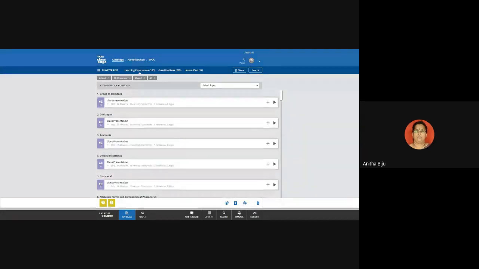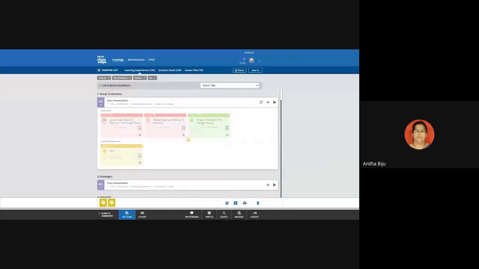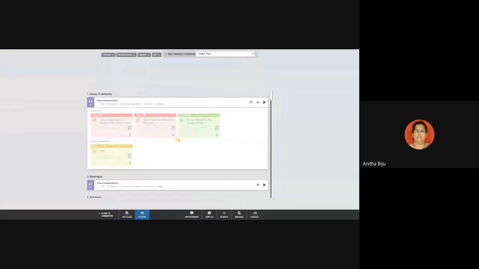This is the configuration related to group 15. You have to remember the names of the elements.